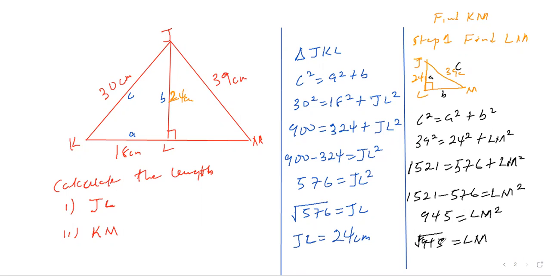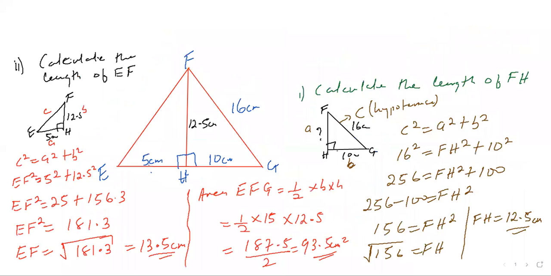Come again. 30.7. What do you say? Can you please repeat? 30.7. All right, centimeters.